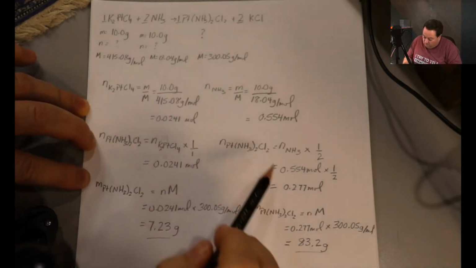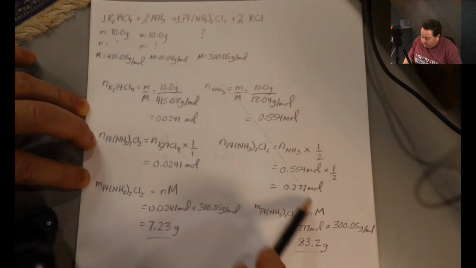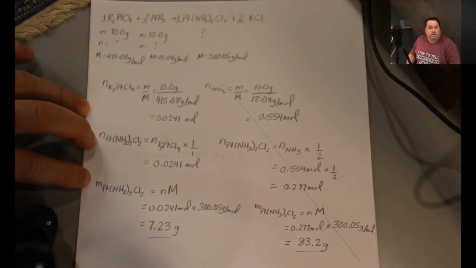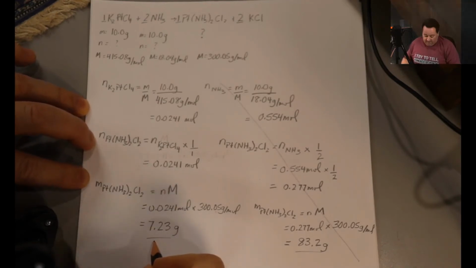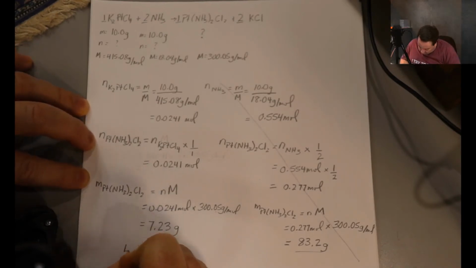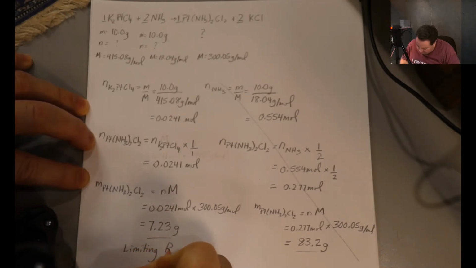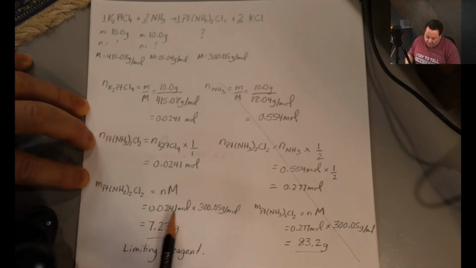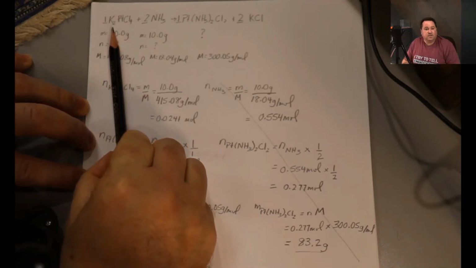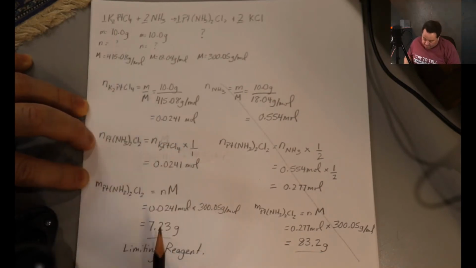So what I'm going to do here is I'm not going to make a mess, but I'm going to draw one line through this. This is my limiting reagent. We only have enough of the first reactant, K2PtCl4, to make 7.23 grams of product.